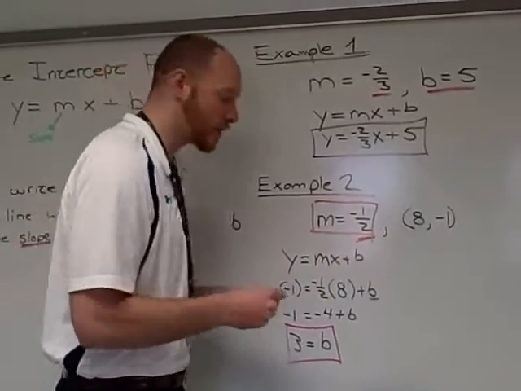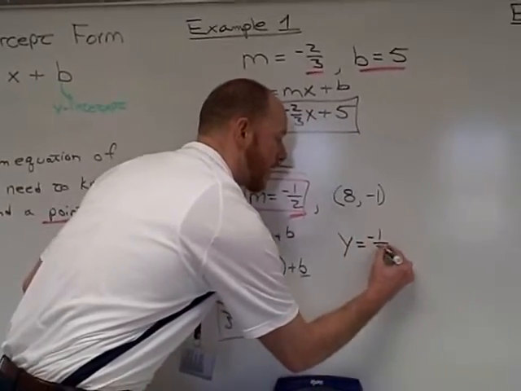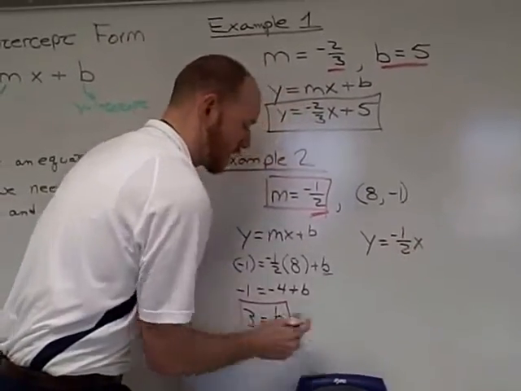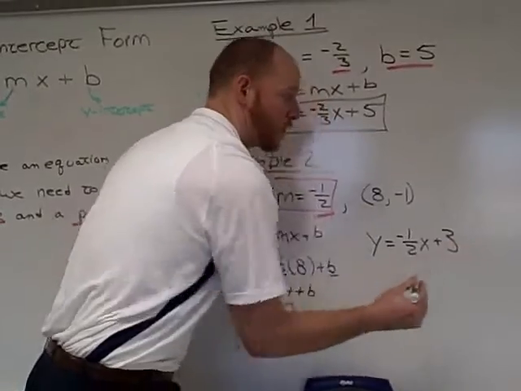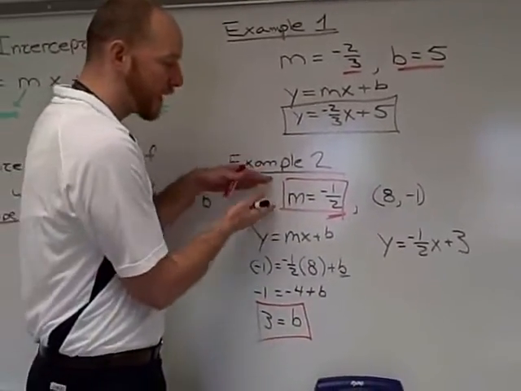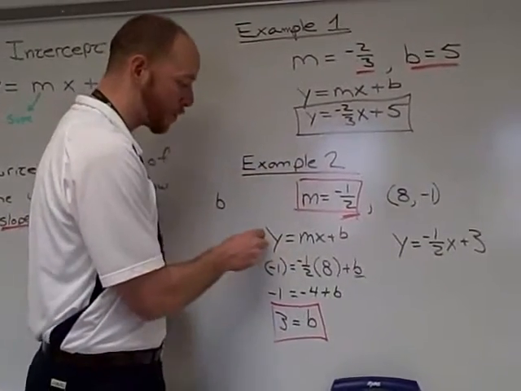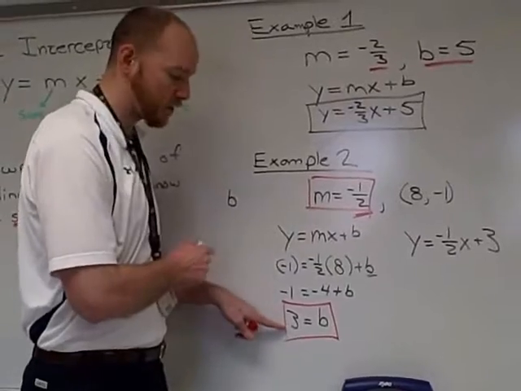So I can write my equation in slope-intercept form: y equals negative 1/2 x plus 3. So in this case, we were given the slope and given a point on the line, and then we used the slope-intercept form to actually calculate the y-intercept.